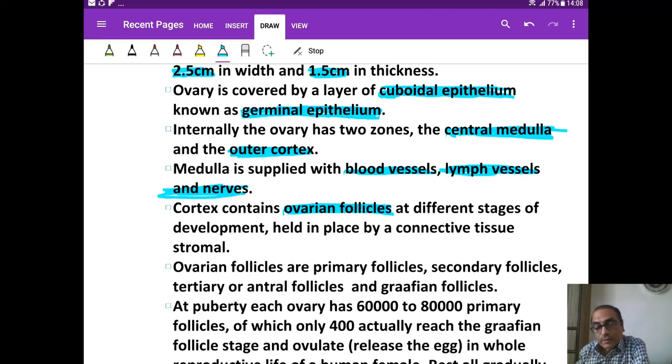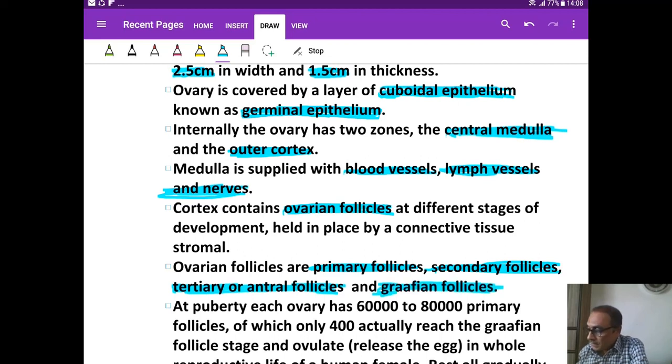How many types of ovarian follicles are there? We see that there are usually 4 types: primary ovarian follicles, secondary ovarian follicles, tertiary or antral ovarian follicles, and Graafian follicles.